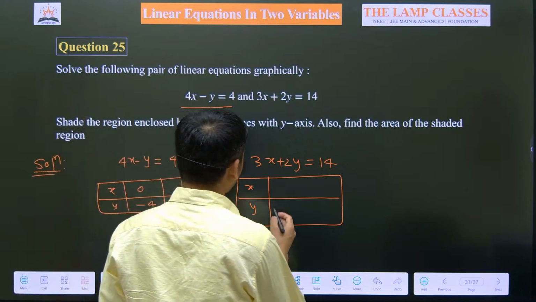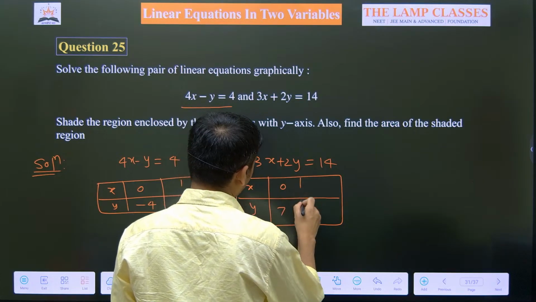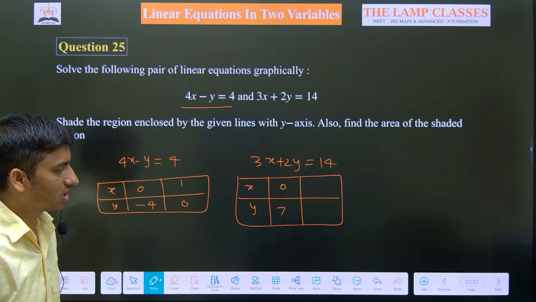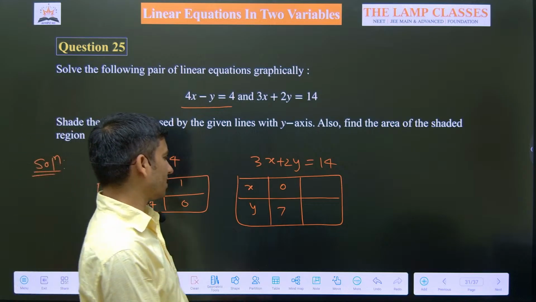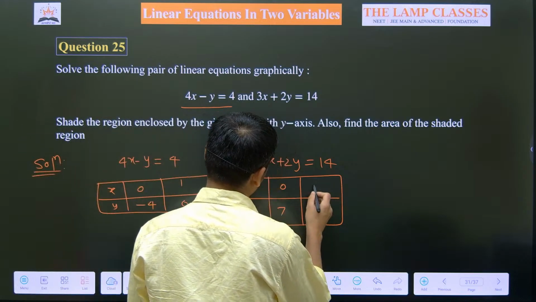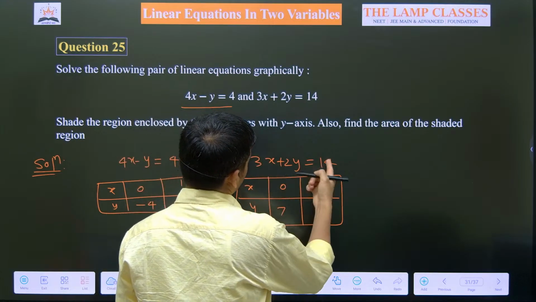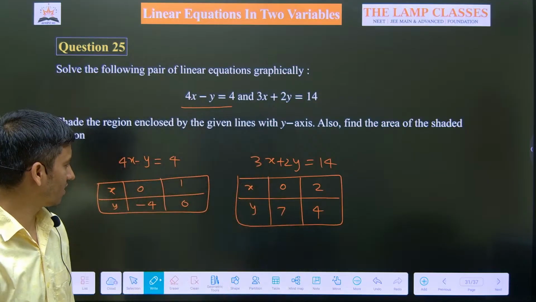So I think if I put x as 0, it's fine. Now if I put x as 0, we are getting y as 7. But if you put y as 0, x is 14 upon 3, so that's not a good number, right? Can we take any other number? I think x can be 2, right? That will be a better choice. If I take x as 2, we will get y as 4, right? So this will be the ideal solution.